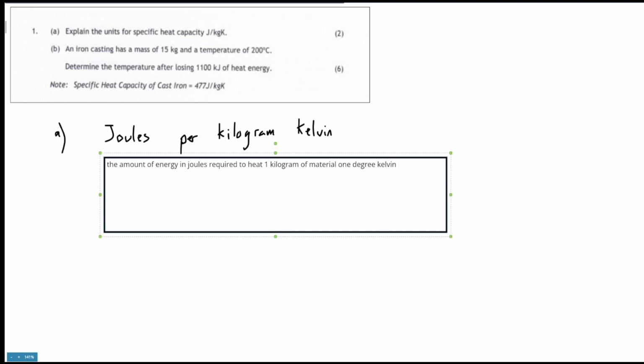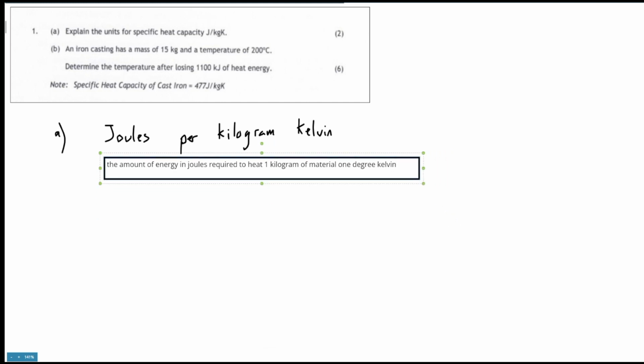That's it. I didn't explain it, I just stated them, but I did explain them: the amount of energy required in joules to heat 1 kilogram of a material 1 degree Kelvin. That will do. Let me get on to the real stuff.